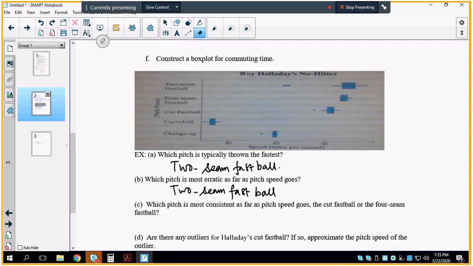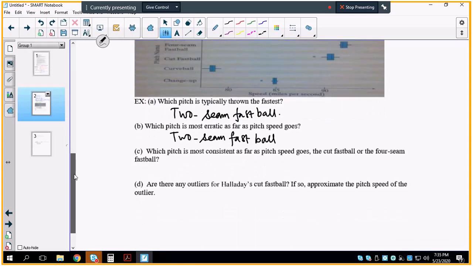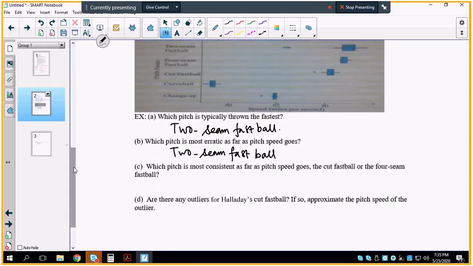Okay. The next question is, which pitch is most consistent? So this time you are trying to find the pitch that has the smallest interquartile range. See, the smallest interquartile range probably is of the changeup, but it has an outlier. So I'm going to go ahead with the interquartile range, and I would say that my answer probably is going to be changeup.